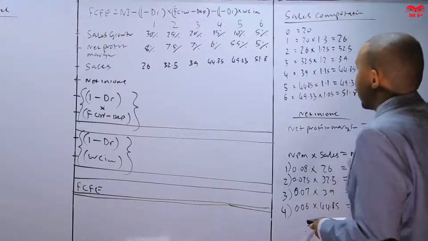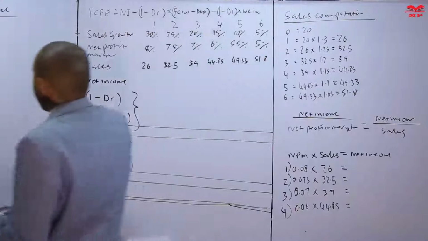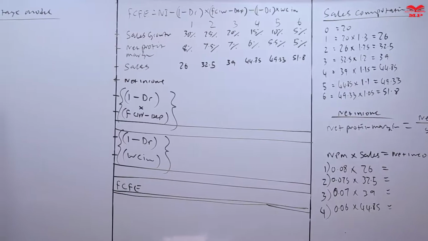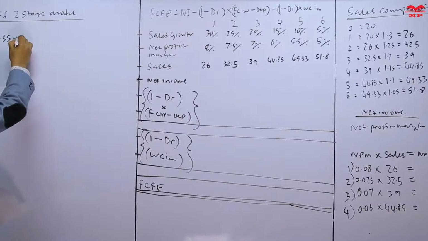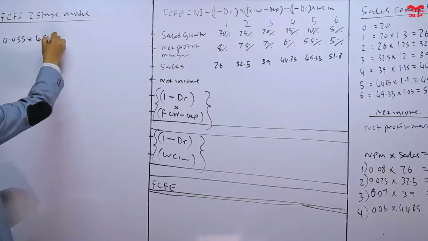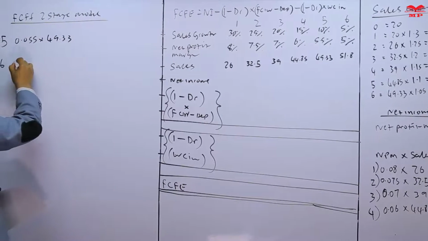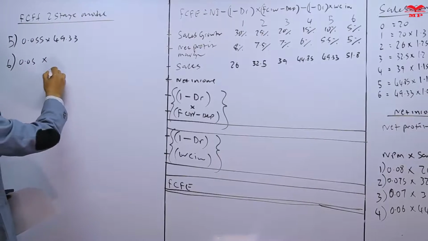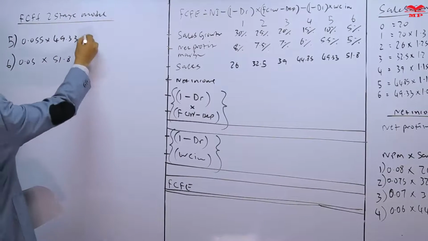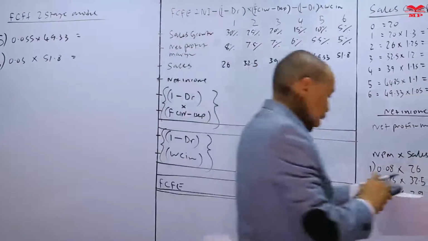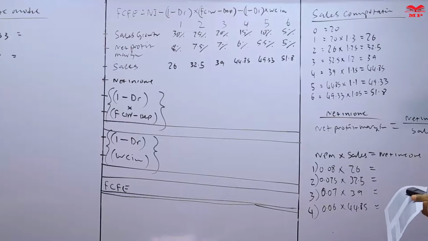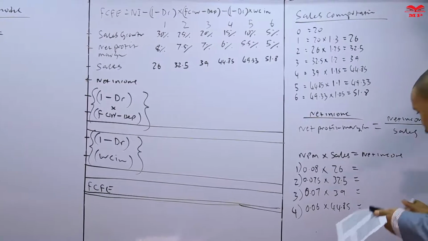Then 49.33 is being multiplied by 5.5%, 0.055 times 49.33. Then 5% being multiplied by 51.8. So how much do we get? Come back over on this side. We have 0.08 multiplied by 26, 2.08.